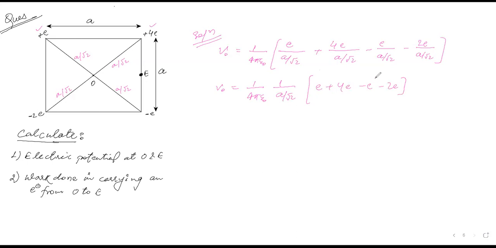E plus 4E is 5E, E and E cancel, 4E minus 2E is 2E. So this is 2E over 4 pi epsilon naught A over root 2, which you can also write as 1 over 4 pi epsilon naught times 2 root 2 E over A. This is your potential at O. It was like the last question.